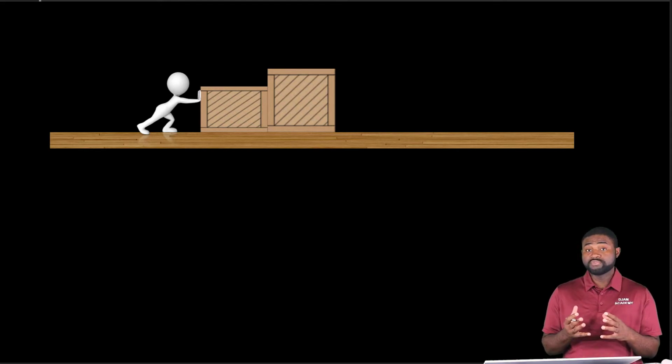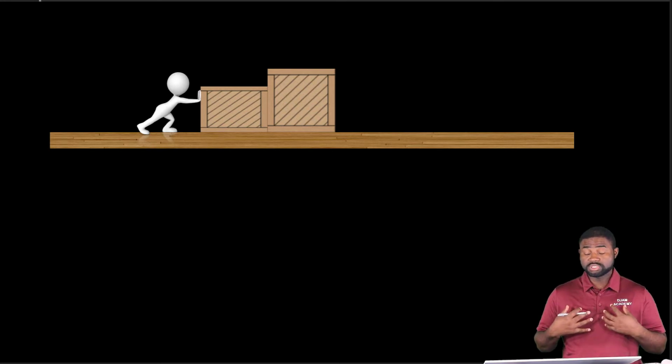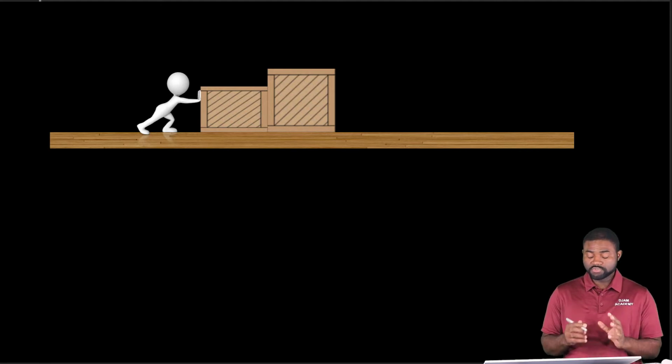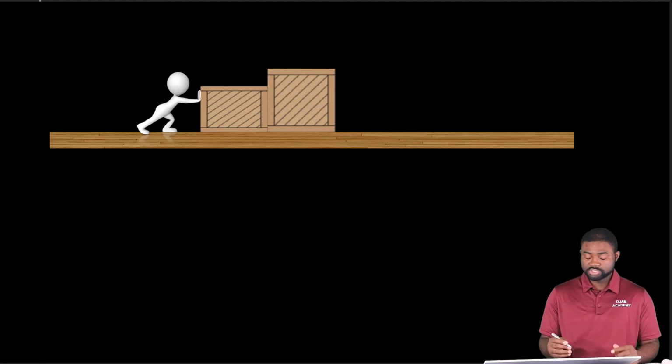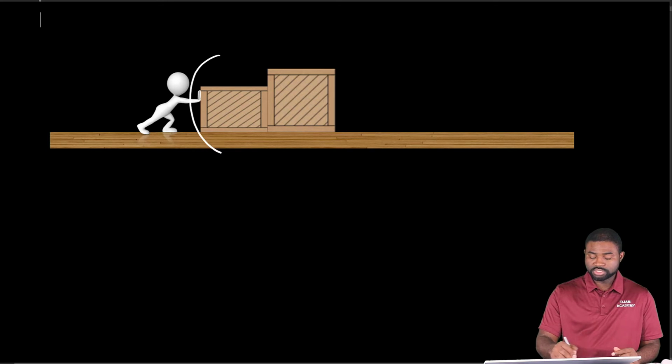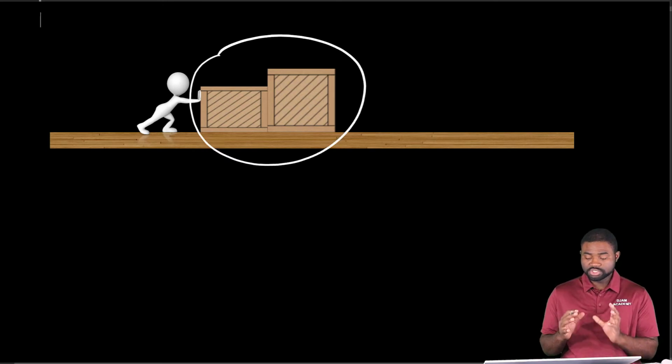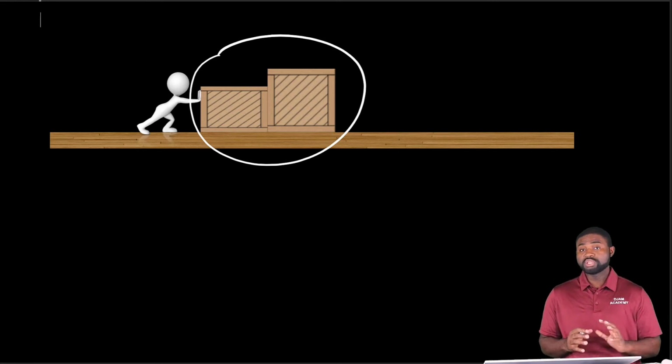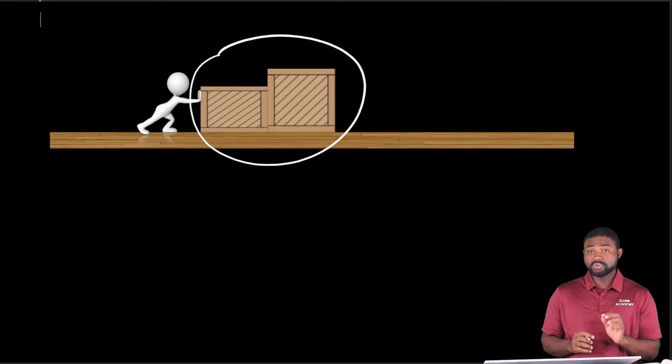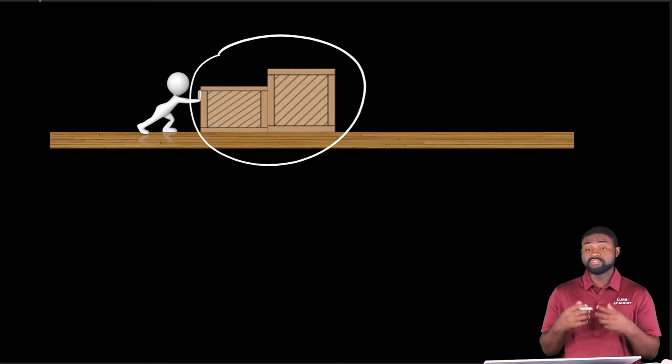Now, if our attention is focused on me, then I am the system. But if the attention is focused on a group of objects such as these two boxes, then these two boxes constitute our system. The good thing is, when we identify our system, anything not part of the system becomes what we call the environment or the surroundings, and it's part of the universe.